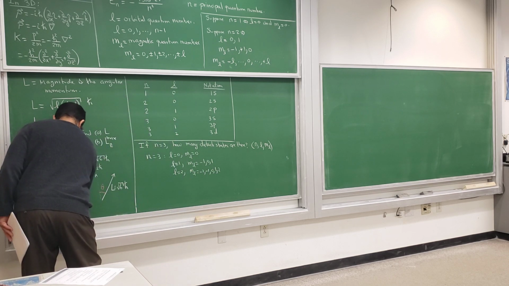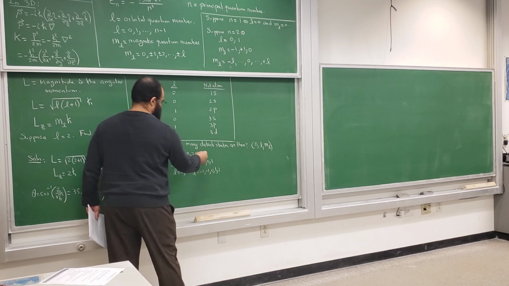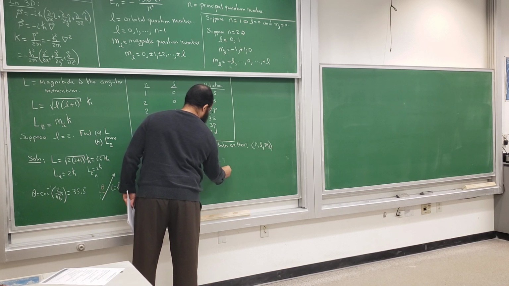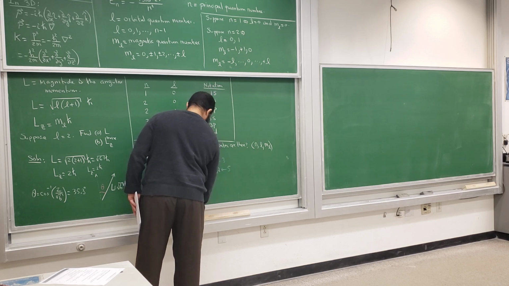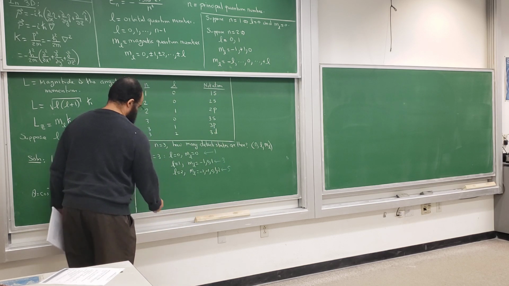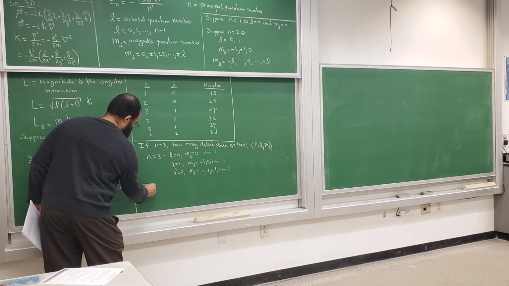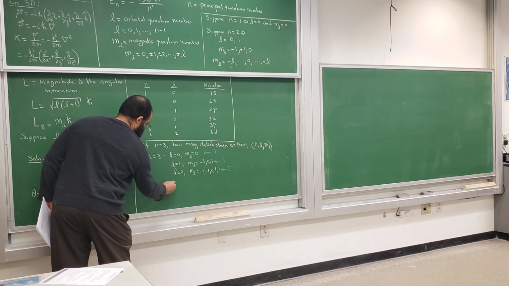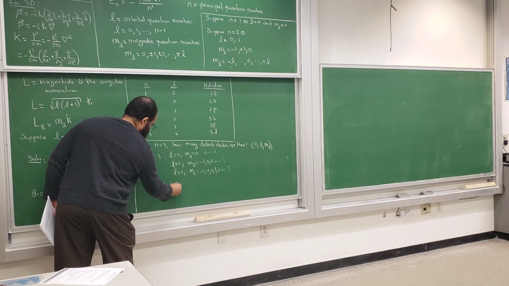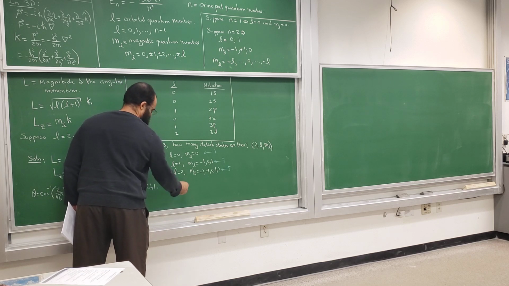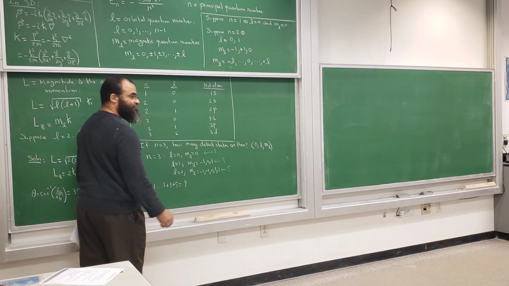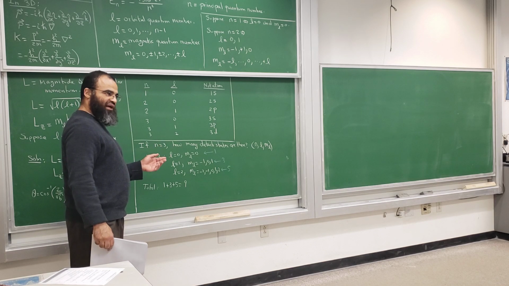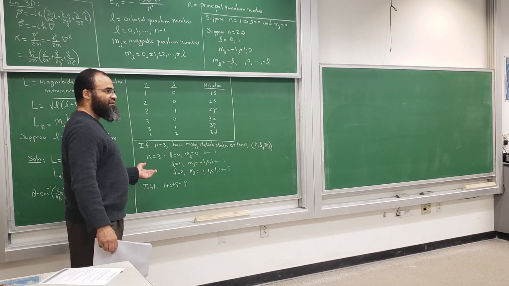So if you count, I have one state here, 3 states here, and 5 of them here, right? So in total you have 1 plus 3 plus 5, which is 9. If you add spin up, spin down, it will actually be 18.